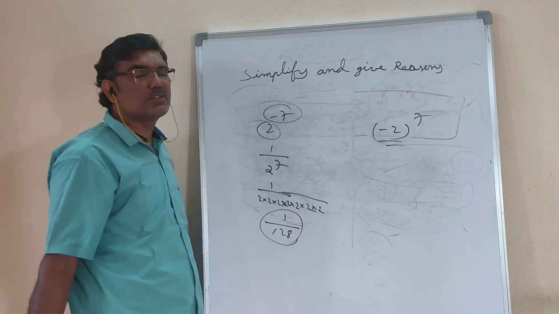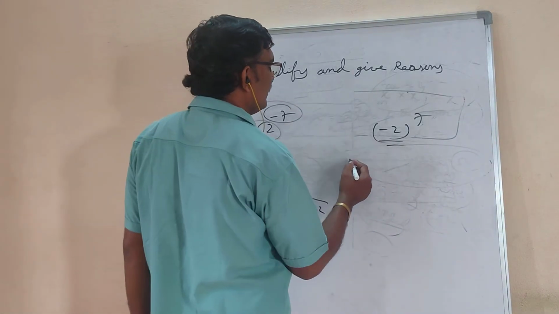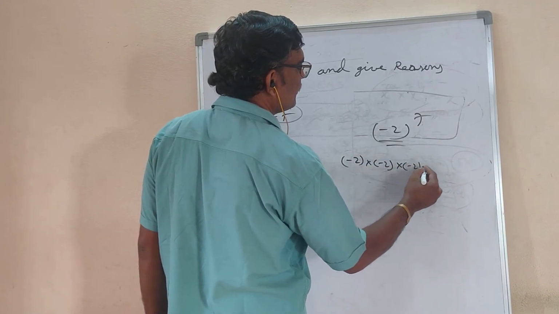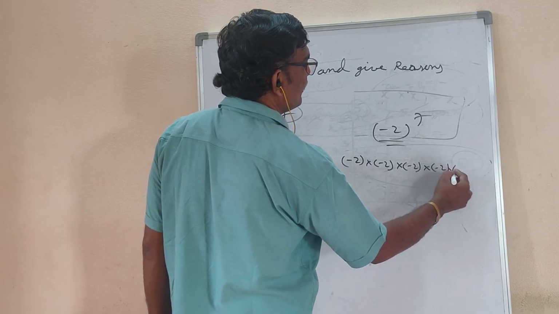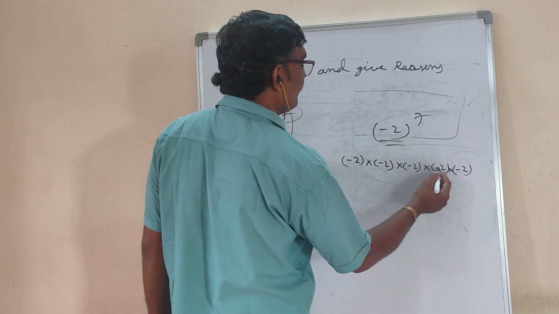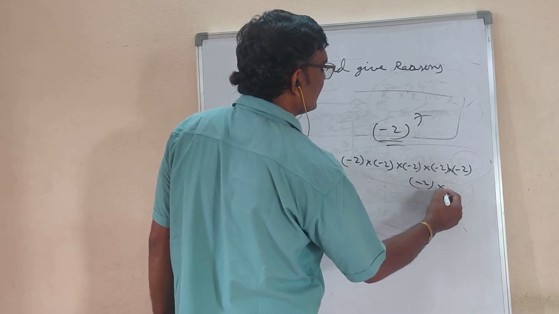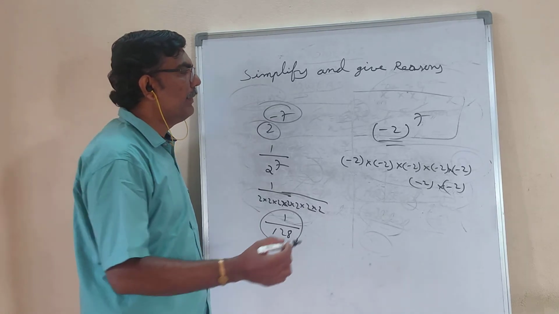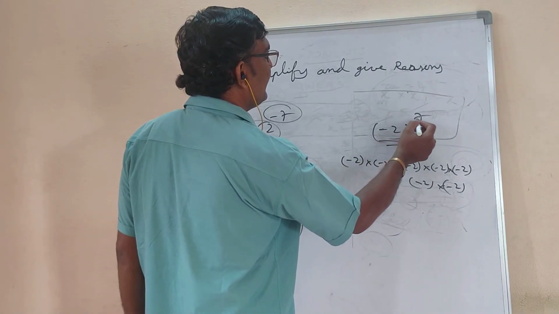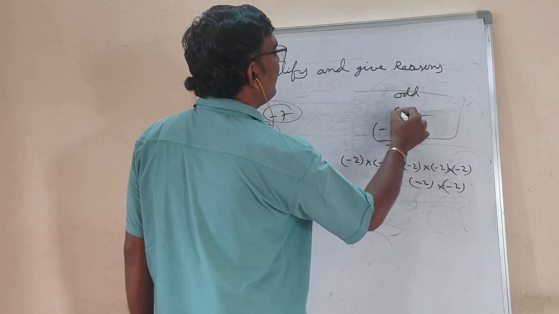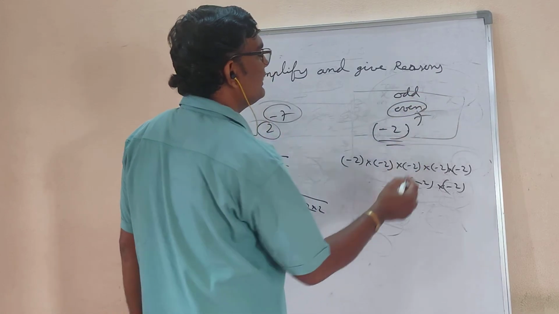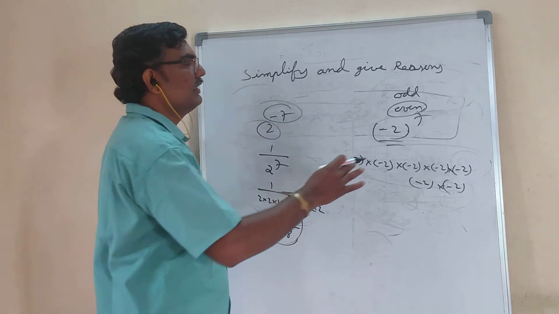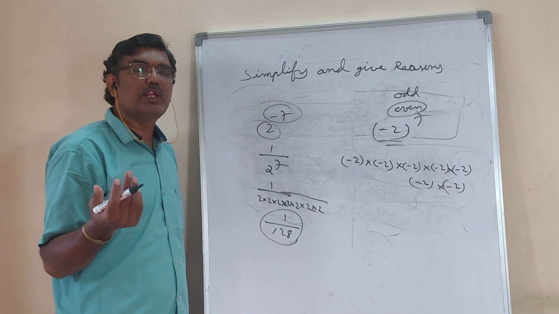Now come to minus 2 whole power 7. So minus 2 into minus 2 into minus 2 into minus 2 into minus 2, like this 7 times. Now for minus with a power, check whether it is an odd or even number. Even numbers come in the 2 table; odd numbers don't.